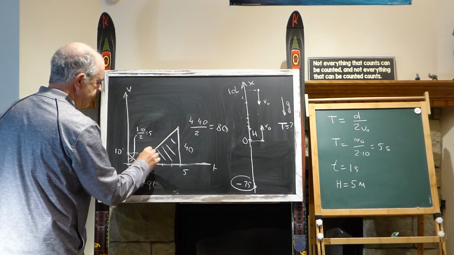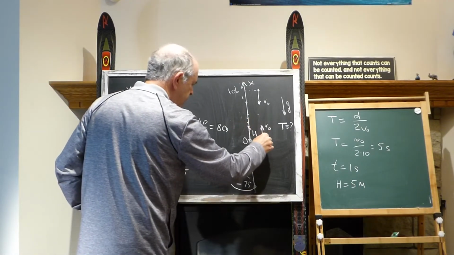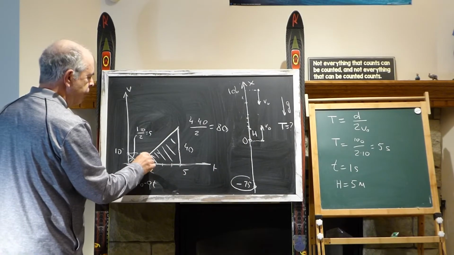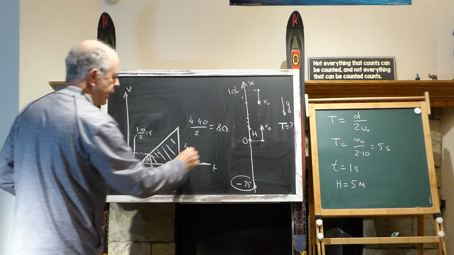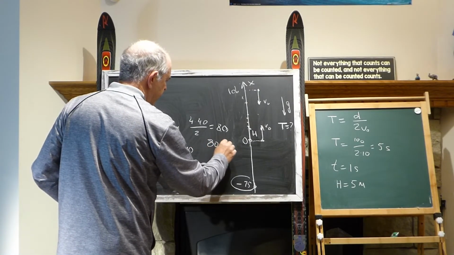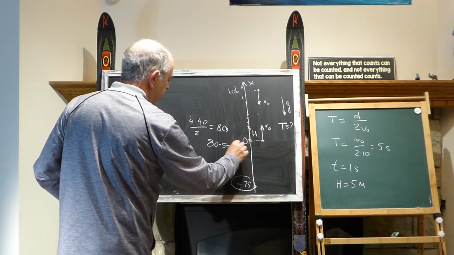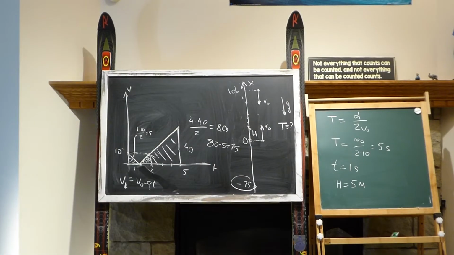Then for another second we fall down, come here, this is another 5 meters, and this 5 meters we have to subtract from this 80. So 80 minus 5 becomes 75. And we are good.